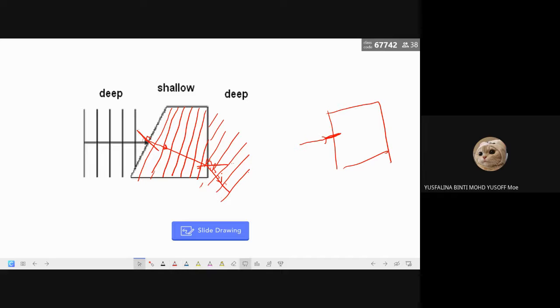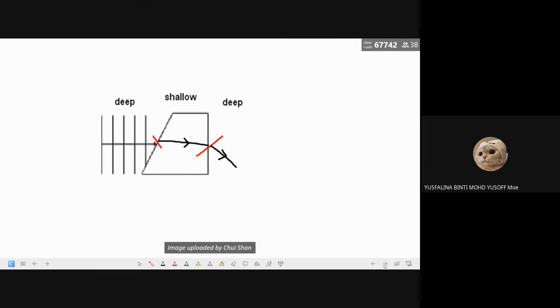Alright, so let's see your answer. Okay, so this one you have to draw the wavelength. Don't just draw the direction of the propagation. And this one also you should draw. It should be 90 degrees.